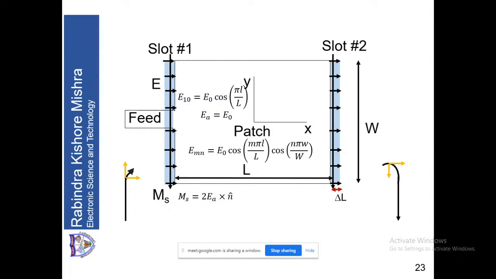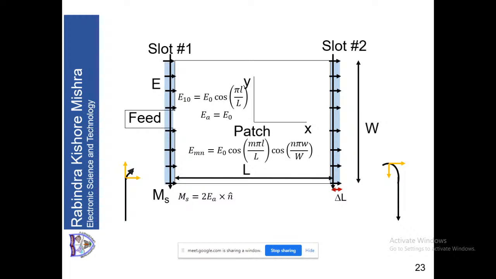Now from where does the term 2 come? As we discussed, we have the patch. Below that is the substrate, and below that there is a ground plane. Since there is a patch above, on the sides of the patch we have magnetic sources, which means we have 2 magnetic currents above a ground. Because there is a ground, there will be an image below the ground.